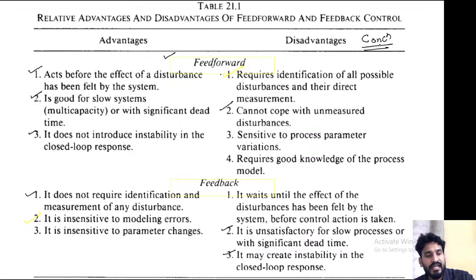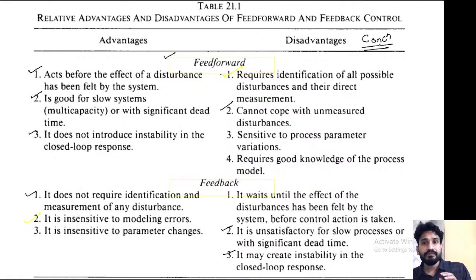Have you seen any instrument which can directly measure the concentration? Like to measure the flow rate, there's a flow meter. To measure the temperature, there is a thermometer. A lot of instruments are there.